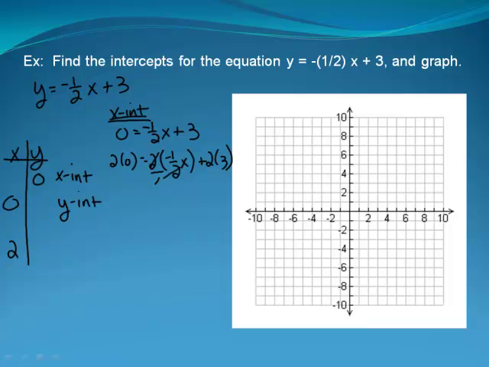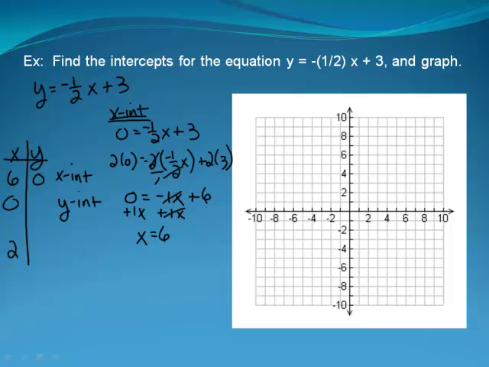So now we've got 2 times 0 is 0 is equal to negative 1x plus 6. Trying to solve for x, I'm just going to add 1x to both sides to move it to the other side, because I recognize that 0 plus 1x is just 1x, and 1x is just x. So by moving that over, I've got it solved. When y is equal to 0, x is equal to 6, and that's my x-intercept.